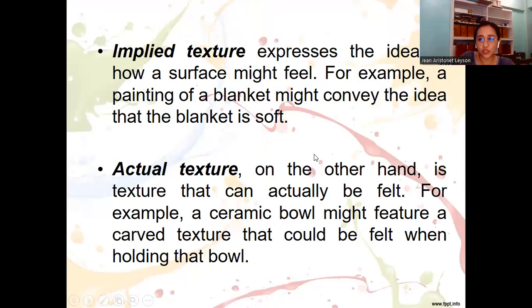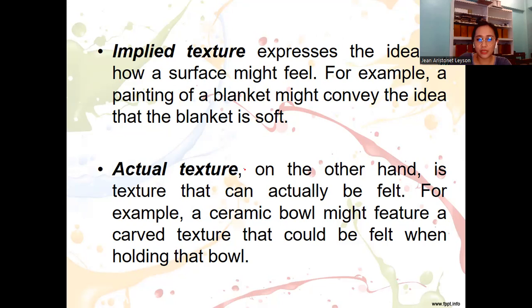Implied texture, by definition, expresses the idea of how a surface might feel. For example, a painting of a blanket might convey the idea that the blanket is soft, meaning you're not touching or feeling the actual object, but you can imagine how that object will feel. Actual texture, on the other hand, is texture that can actually be felt. For example, a ceramic bowl might feature a carved texture that could be felt when holding that bowl.